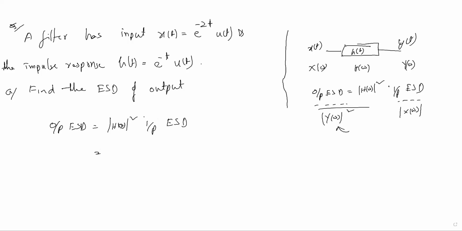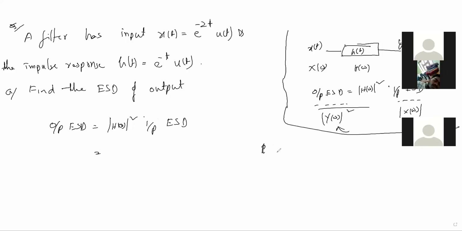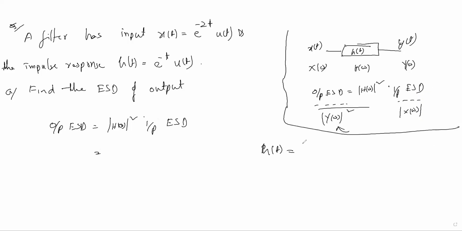So this H of omega, h(t) is already given. h(t) is given as e to the power minus t u(t), isn't it? So you have to find H of omega first. So what is the H of omega of this?